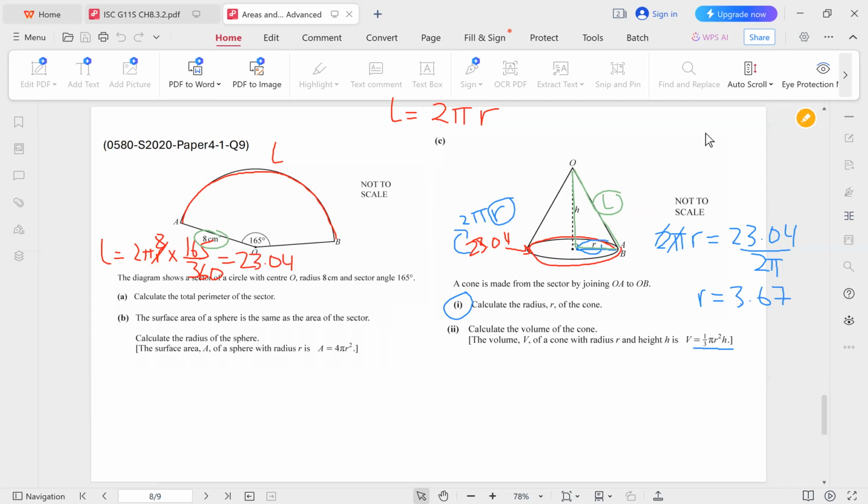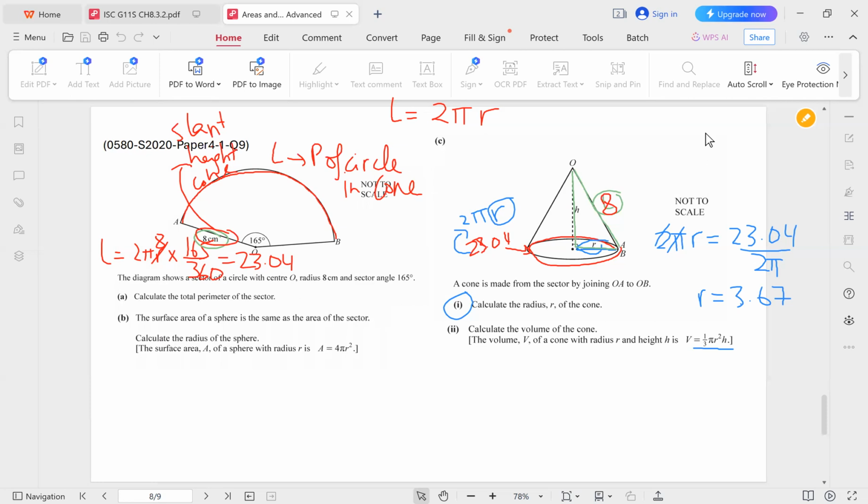If we have a sector, the arc length of the sector is equal to the perimeter of the circle in the cone. And the radius of the sector is equal to the slant height, which we call L of the cone. So we're going to take this 8 and simply shift it over here. So the slant height of the cone is going to equal 8, same as the radius of the sector.